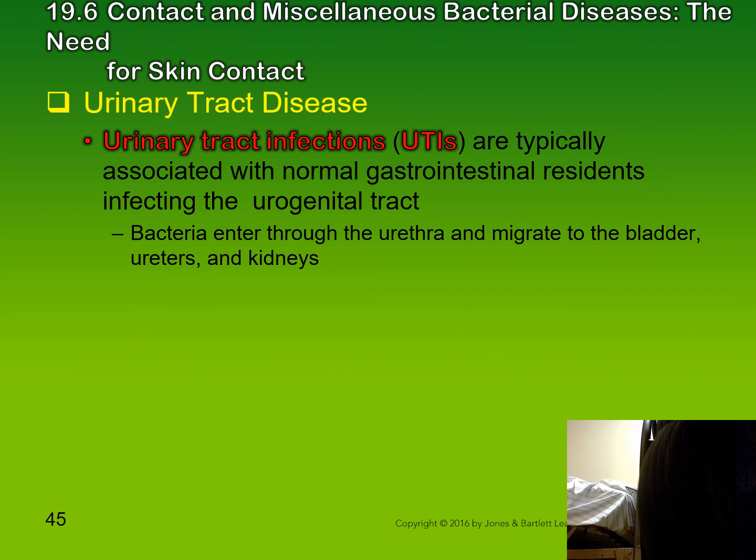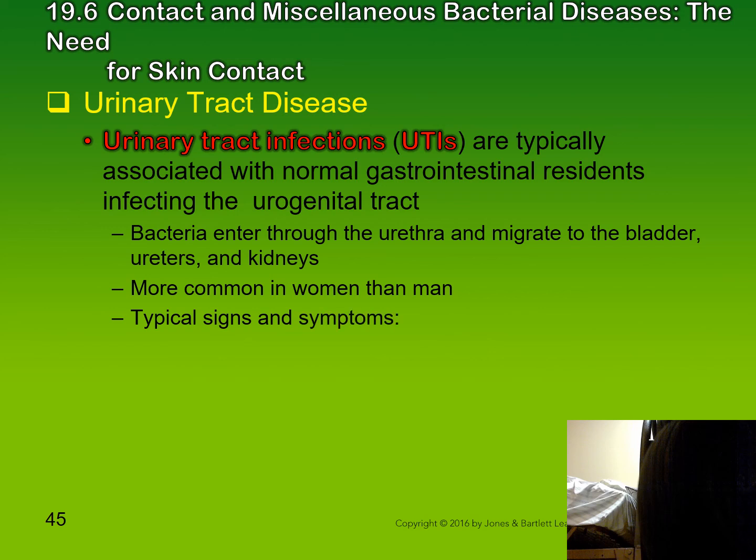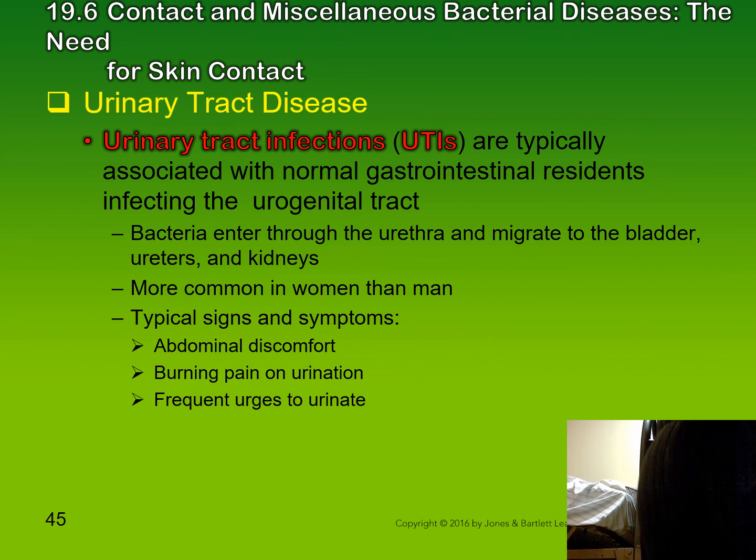Bacteria enter through the urethra and migrate to the bladder, ureters, and to the kidneys. It is more common in women than men. Typical signs and symptoms: abdominal discomfort, burning and pain on urination, and frequent urges to urinate.